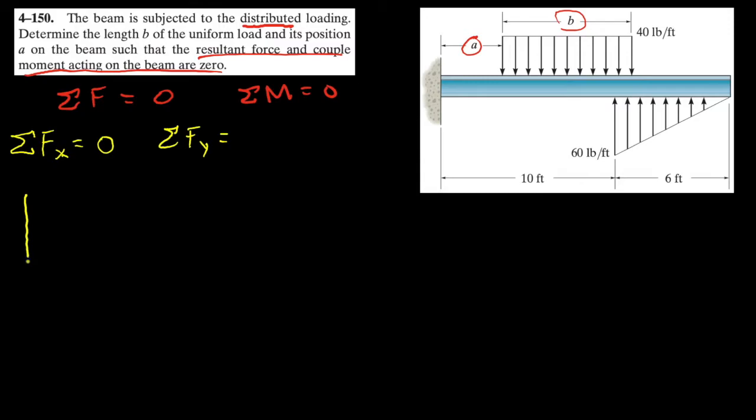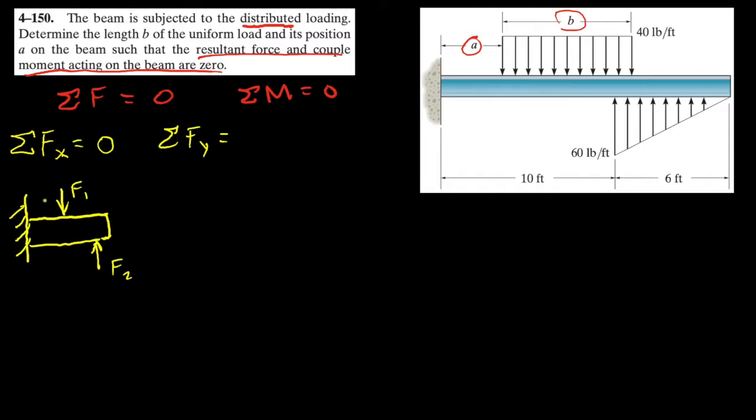When we draw a quick diagram where this is our wall and this is the beam, we will have 2 point loads once we simplify the system. One here and one here. So let's call this F1 and let's call this F2.